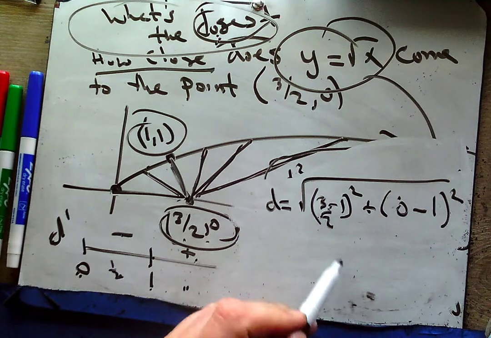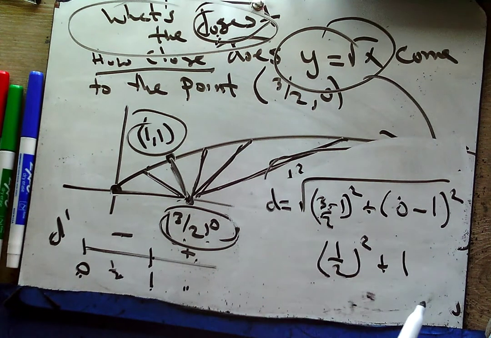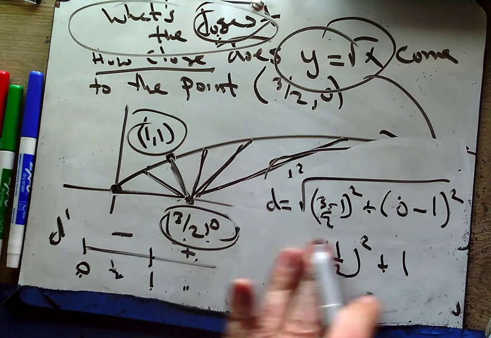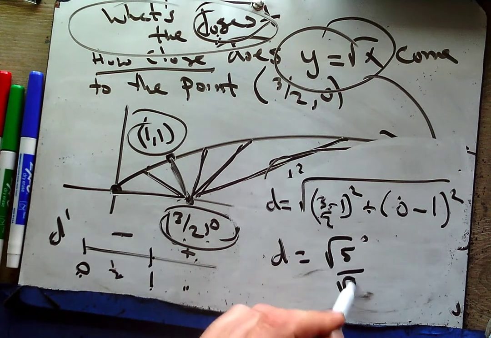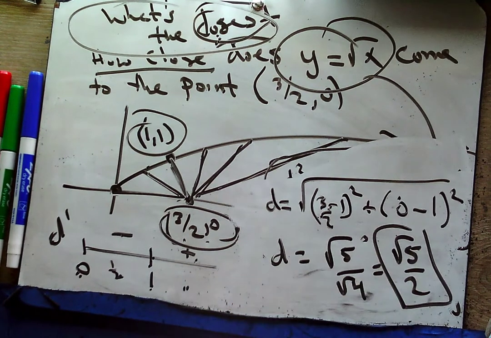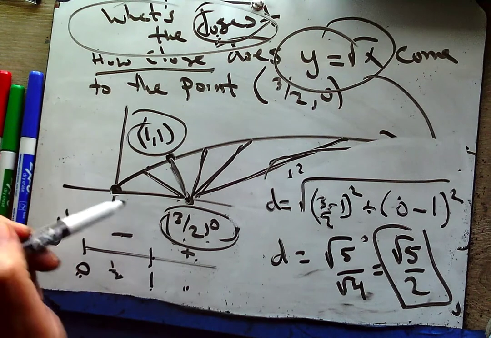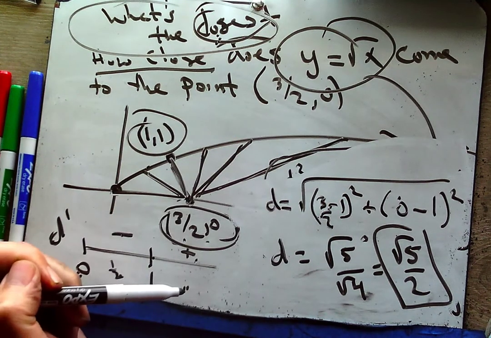So 3/2 minus 2/2 is 1/2, plus negative 1 squared is 1. That gives me 5/4. D equals square root of 5, or root 5 over 2. That's my minimum distance. That's the closest that this curve comes to this point.